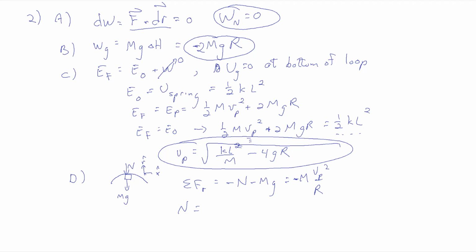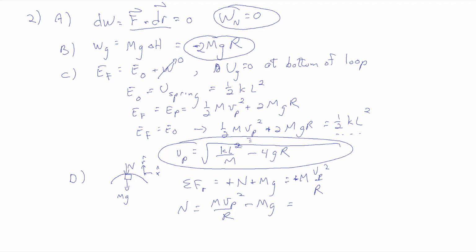This is also a negative sign on that side because the acceleration is in my negative r hat direction. So multiply through by negative 1, that changes everything to plus here. And then we have the normal force equals m vp squared over r. Okay, and then you have to subtract mg from both sides. Now, you're not supposed to answer in terms of VP. You'll get most of the credit, I think, if you do.